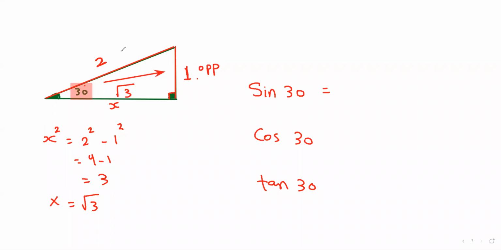And which side is the hypotenuse? This side. And this side is the adjacent side. So sine 30 equals opposite over hypotenuse equals 1 over 2. Cosine 30, adjacent over hypotenuse, is root 3 over 2. And tan 30, we are talking about this angle. Tan equals opposite over adjacent. So it's 1 over root 3.